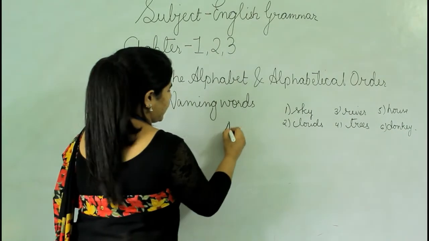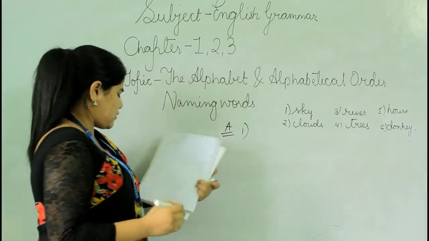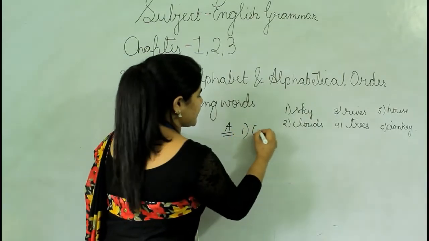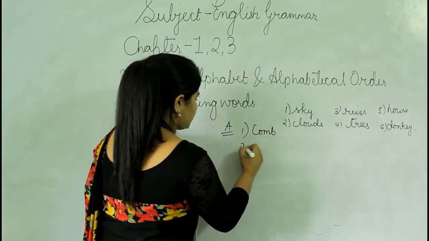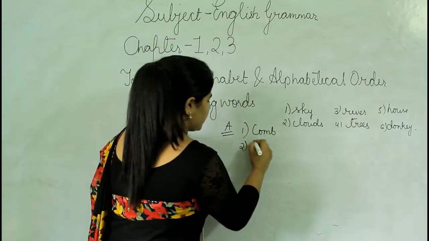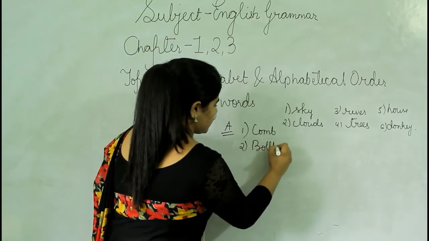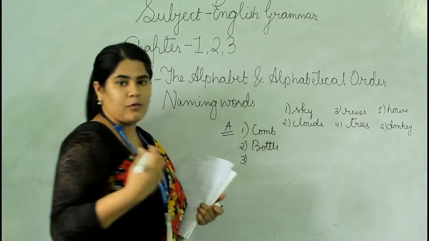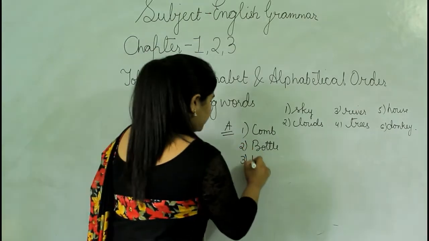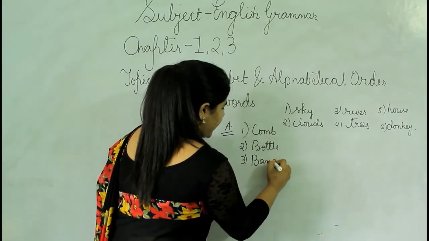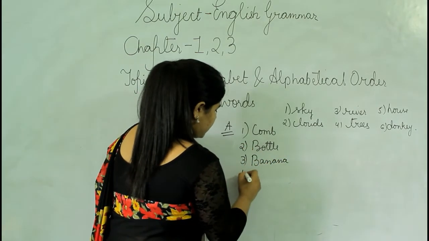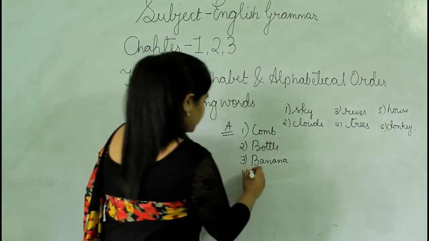Number A. What do you see first? First one is comb. C-O-M-B, comb. Number 2 will be bottle. Okay students, just write down along with me. Number 3 is banana. B-A-N-A-N-A, banana. Number 4 will be book.